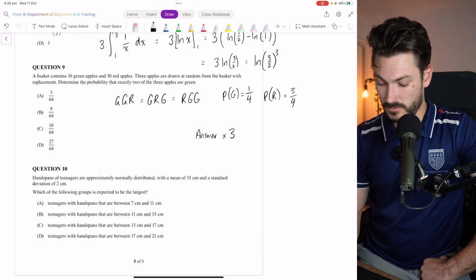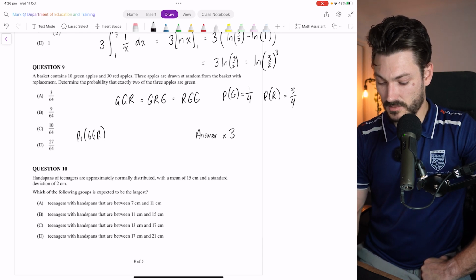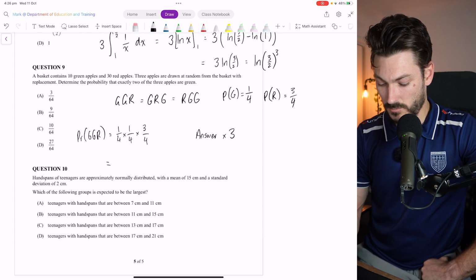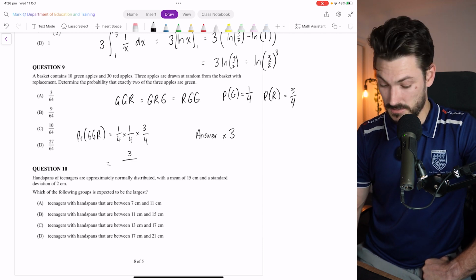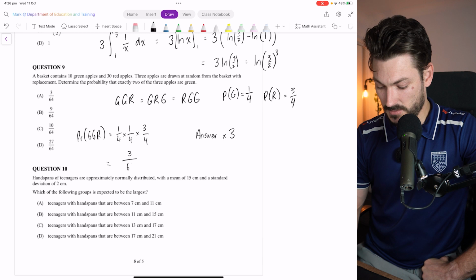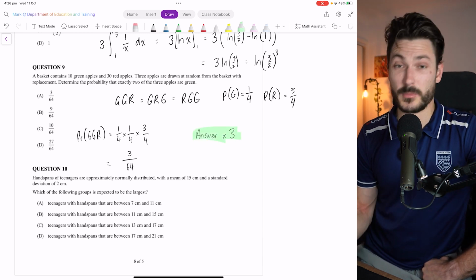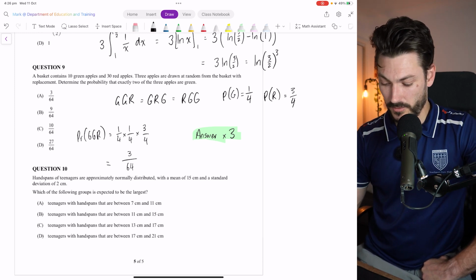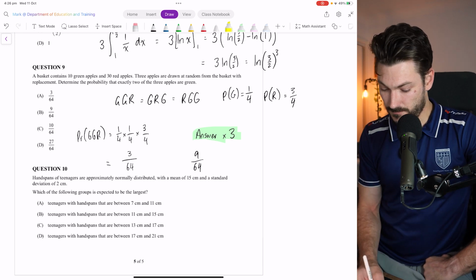And so therefore, the probability of a green, green, red is going to be a quarter times 3/4 times 3/4, which is going to be 3 on whatever 4 cubed is. 4 4s is 16, 64. 3 on 64. But don't forget, as I mentioned, I wanted to multiply my answer by 3 because there's 3 different ways to achieve this. So just times the numerator by 3. So I get 9 on 64 as my answer. And yes, that is one.